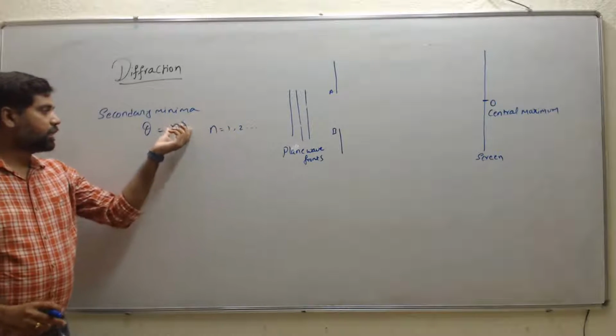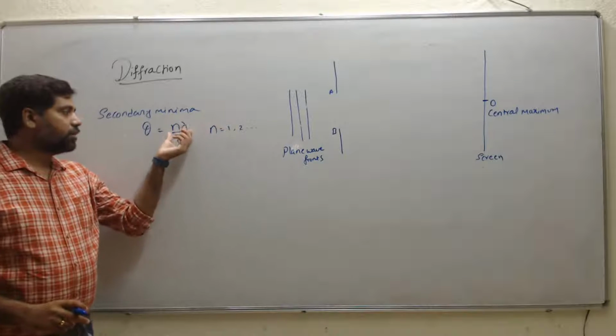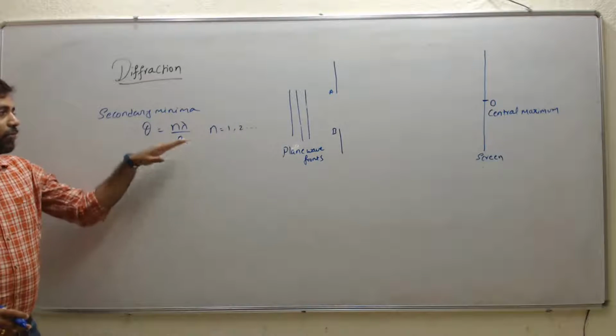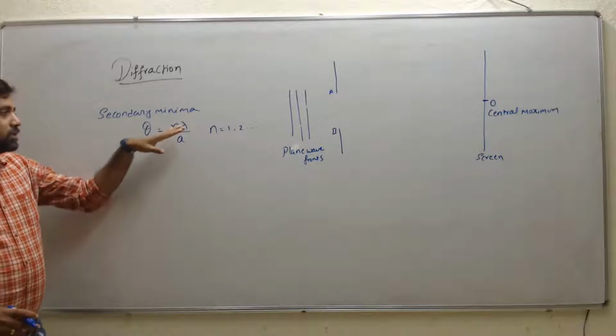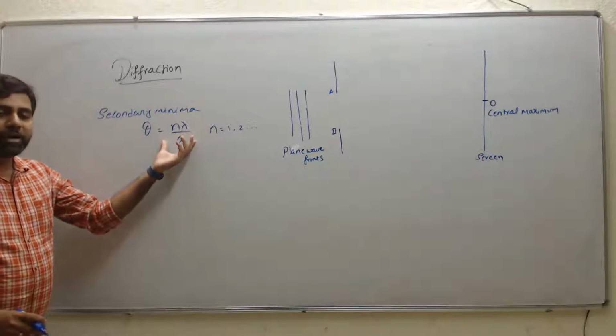For first order it becomes lambda by a, for second order it becomes 2 lambda by a, and it goes on, so we get n lambda divided by a.